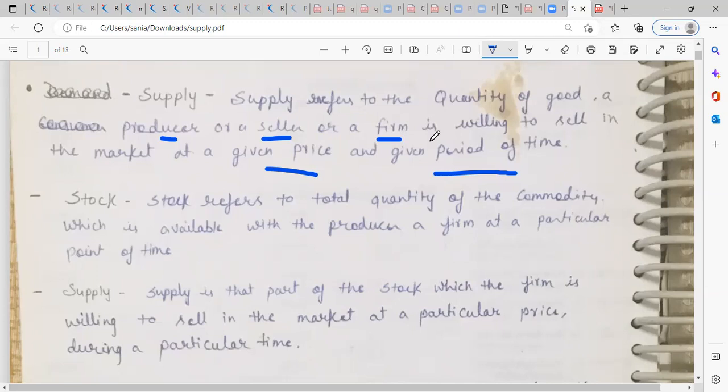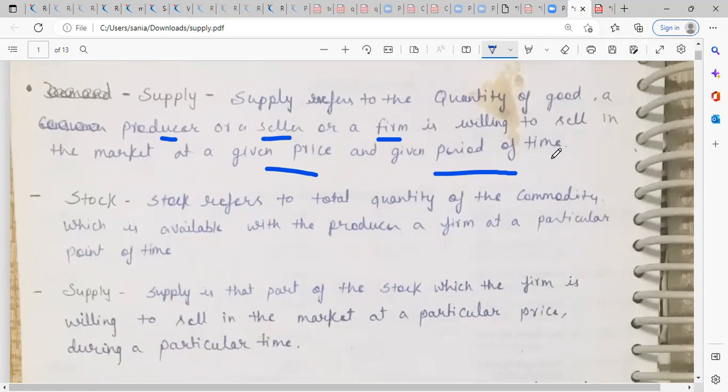Sometimes, for example, you went to a shop, and there we do bargaining, right? He's saying that I'll be charging you 100 rupees, but you are saying, no, I just want it for 50 rupees. If I am not willing to sell you the product at the given price, that means I will not supply that product to you. But if a producer, a seller, or a firm is willing to sell that product, there are two conditions: one is a given price and the other is a given period of time.